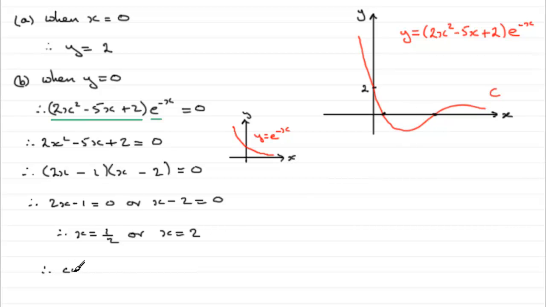Well, it therefore crosses the x-axis at (1/2, 0) and at (2, 0). Alright, and just looking at this sketch, we might as well mark it in, looks fairly sensible given the sketch. Okay, so there we go.